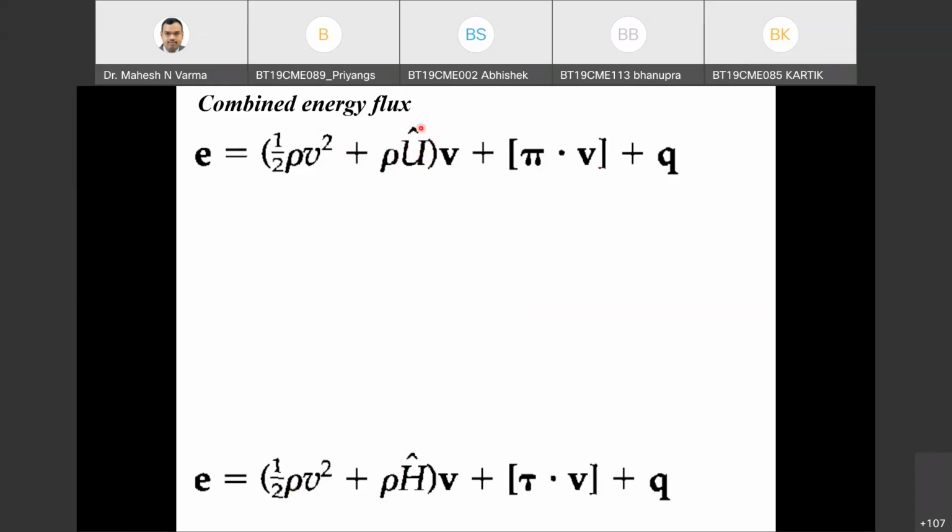Internal energy is not equal to enthalpy, but this is rearranged.